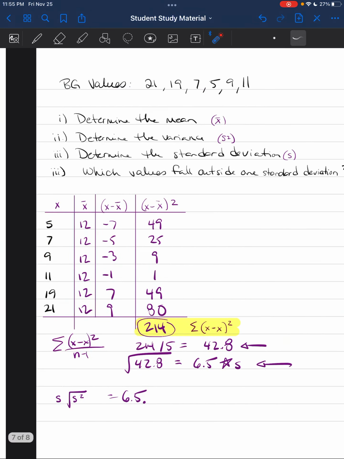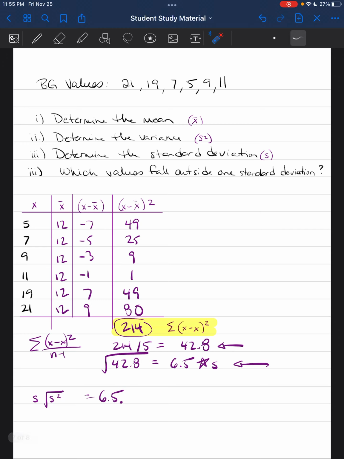So in our example here, we can see that 21, 19, and 5 fall outside of that one standard deviation, because we said 12 was the middle, so it would be 6.5 points away from this and 6.5 points away from this.